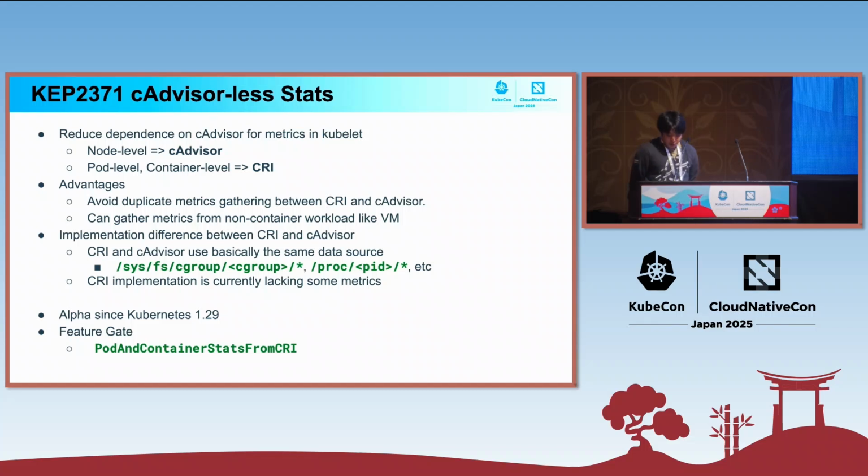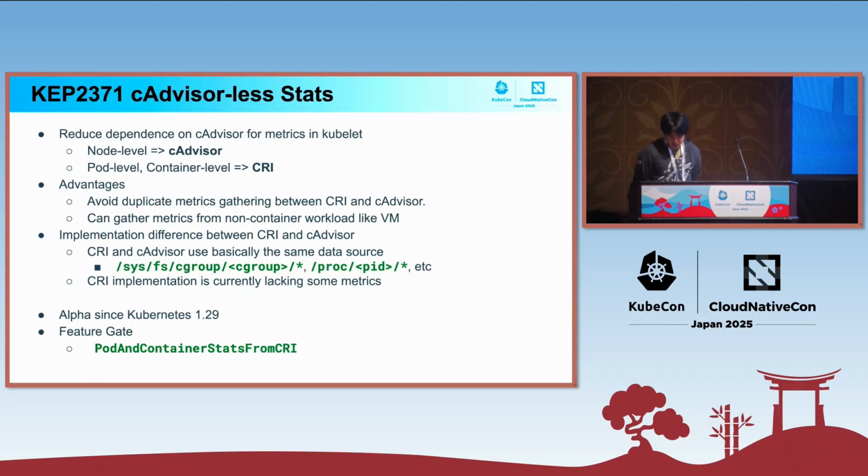This change will reduce the risk of inconsistencies and wasting resources on redundant collection by both cAdvisor and CRI. It also enables us to gather metrics from non-container workloads, like VMs. Both CRI and cAdvisor metrics are essentially reading from the same underlying data sources, mainly the cgroup file system and proc file system.